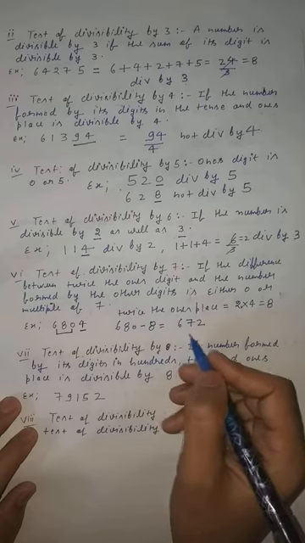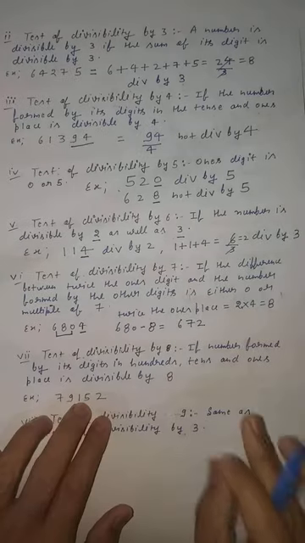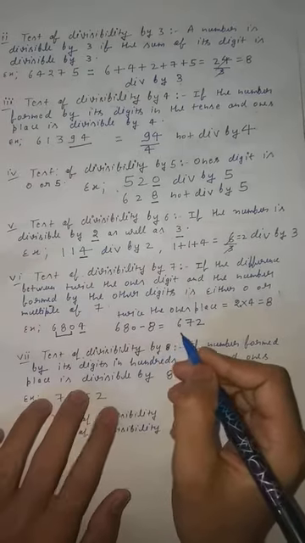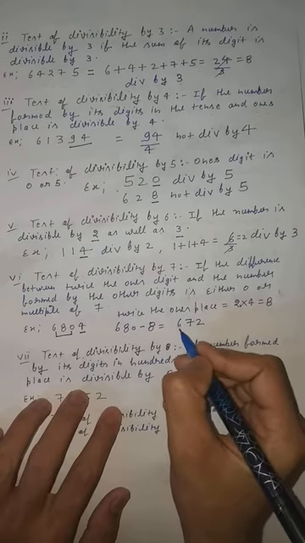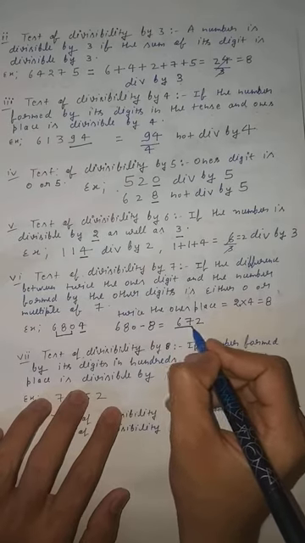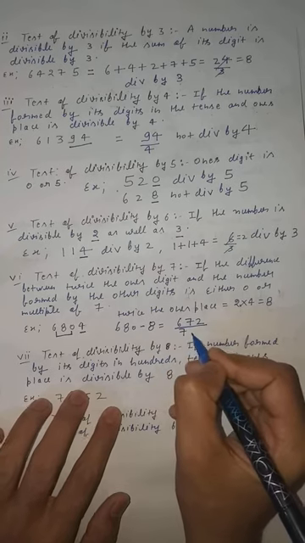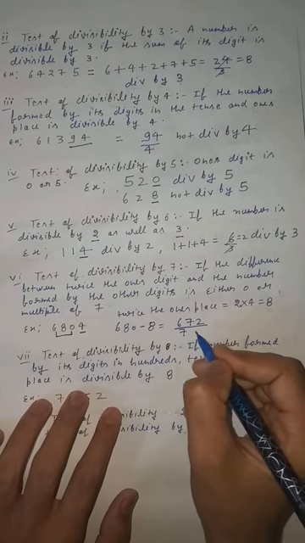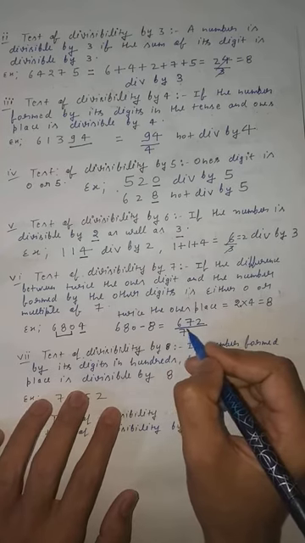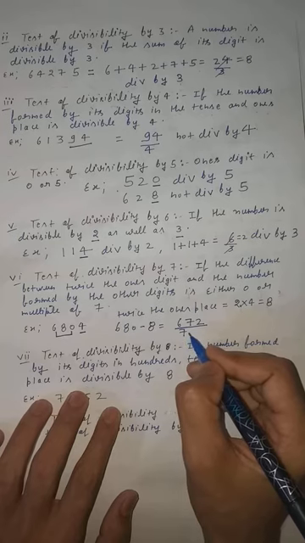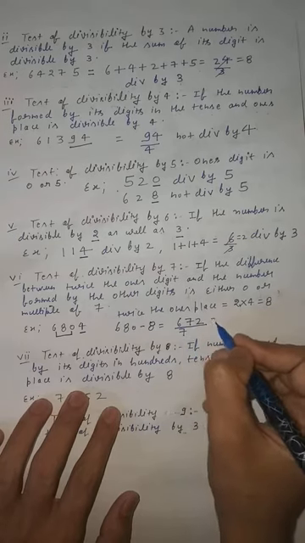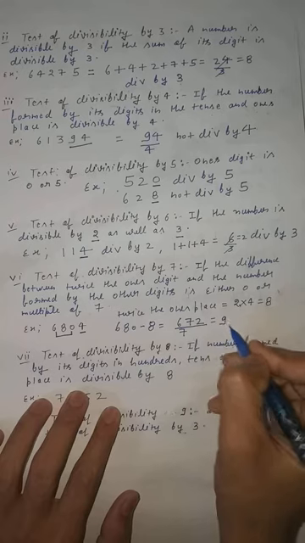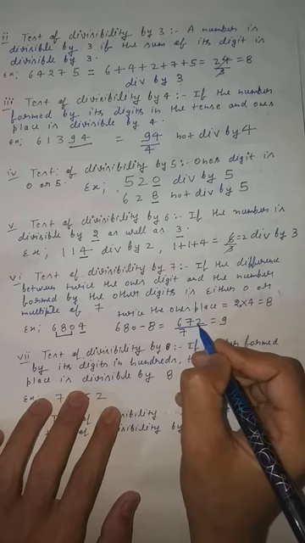Now you will check that this number is divisible by 7 or not. So check it, divide it by 7. So you know that 7 6s are 42, 7 7s are 42, then 7 8s are 56, 7 9s are 63. What remains? 4. So 4 and 2 become 42.